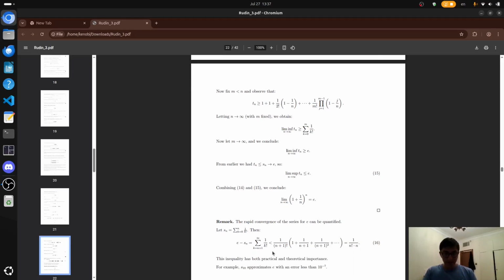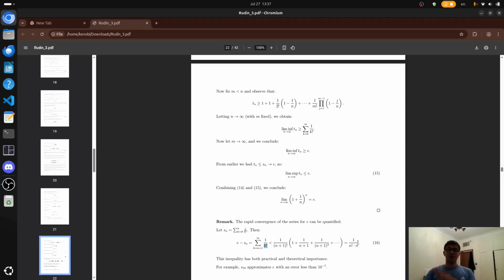And notice e minus its partial sum is going to be the sum from k equals n plus 1 to infinity of 1 over k factorial, and this is going to be less than 1 over n factorial times 1 plus 1 over n. So instead of multiplying by n plus 2, n plus 3, etc., for the denominator, just continue to multiply by n plus 1.